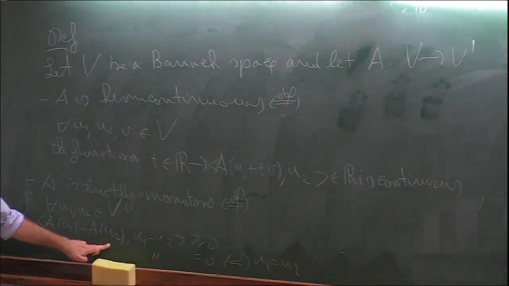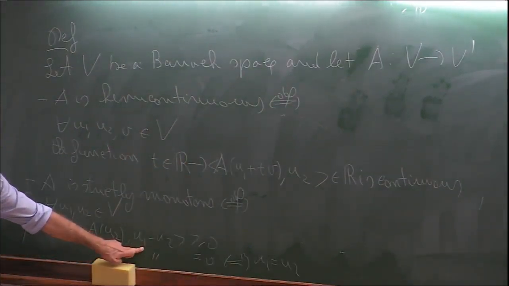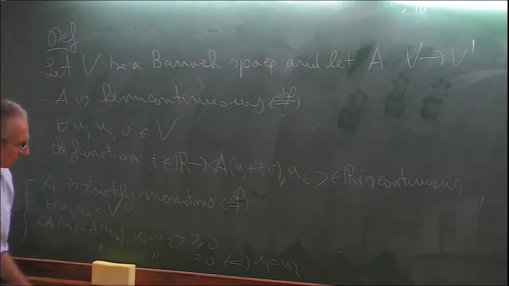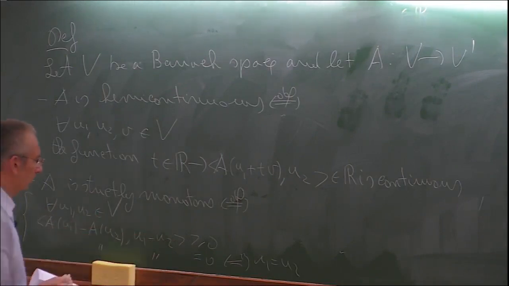This is an element of V prime, and you compute it on an element of V. You would ask that it is greater than 0, and equal to 0 if and only if u1 equals u2.